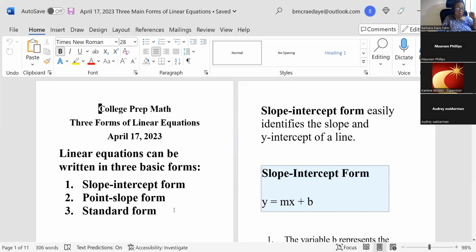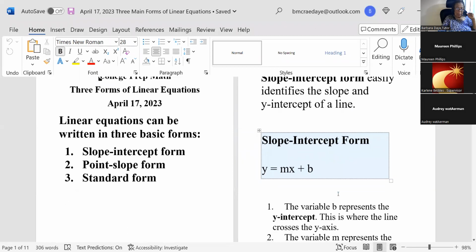The one we'll work with most is the slope-intercept, where we have y equals mx plus b. M represents the slope, and b is the y-intercept of a line. That is where it crosses the y line.